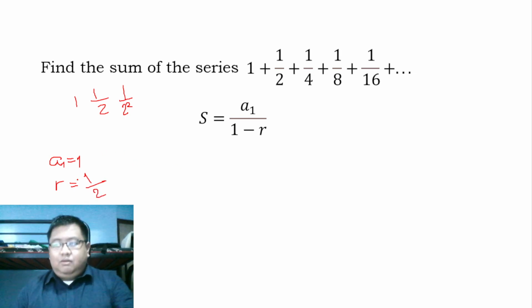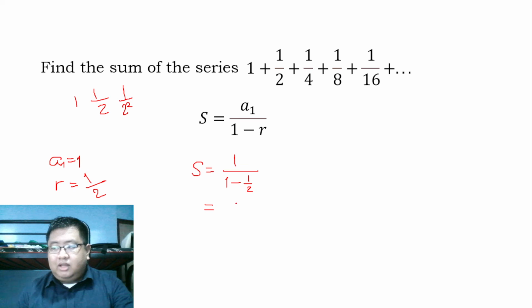Now that we have these values, we can substitute them into our formula for an infinite geometric series. S is equal to A sub 1, which is 1, over 1 minus R, and our R is 1 half. We can operate on this further: 1 minus 1 half. We can use the common denominator, which is 2.